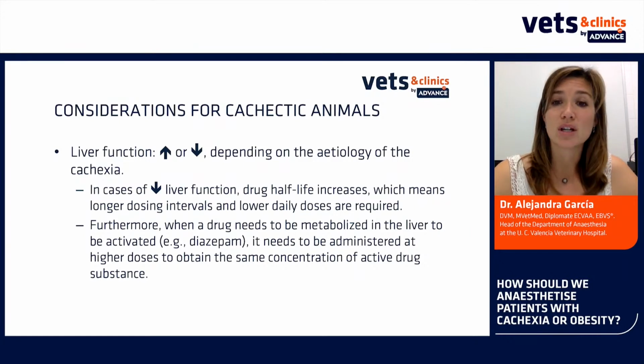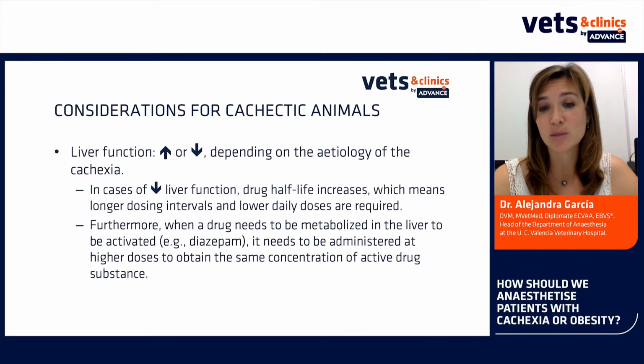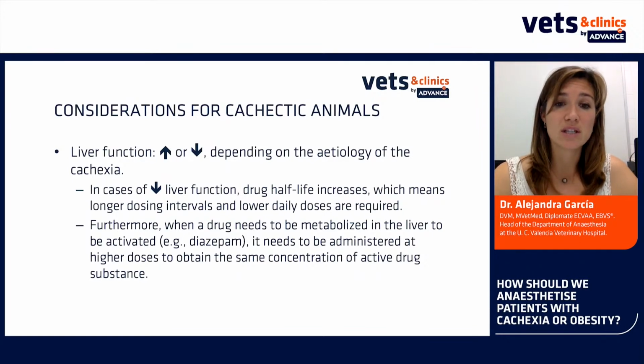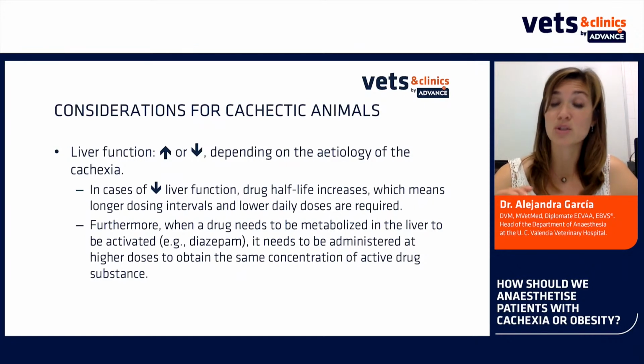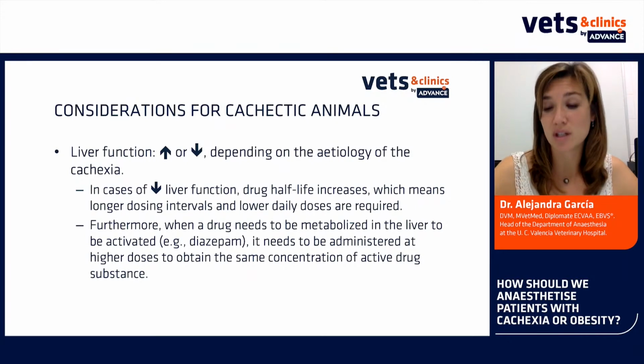Furthermore, when a drug needs to be metabolized in the liver to be activated, for example diazepam, where some of the metabolites of diazepam are active, it needs to be administered at higher doses to obtain the same concentration of active drug, because it needs the liver metabolism to be able to start working.